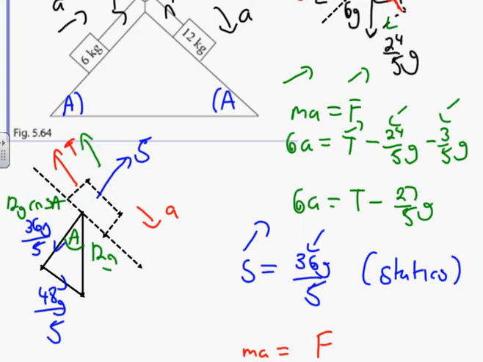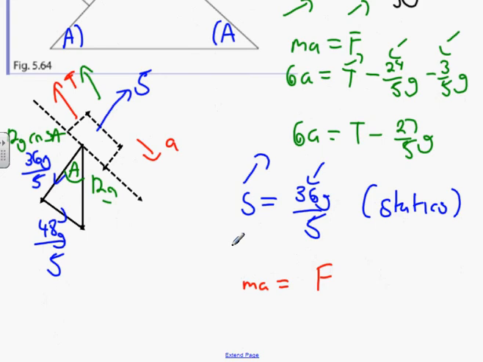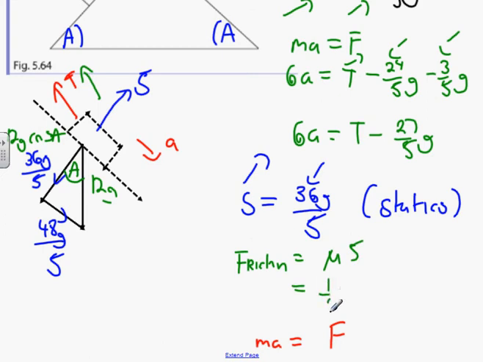Now, frictional force is going to be mu s, which is 1/6 of 36G over 5, which is going to be 6G over 5. So there's our 6G over 5 acting in the opposite direction to it.